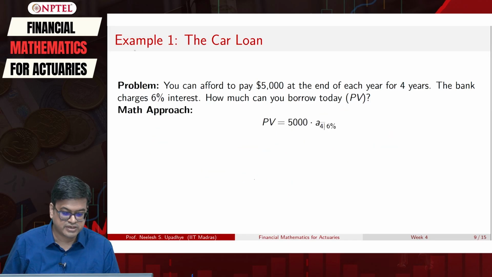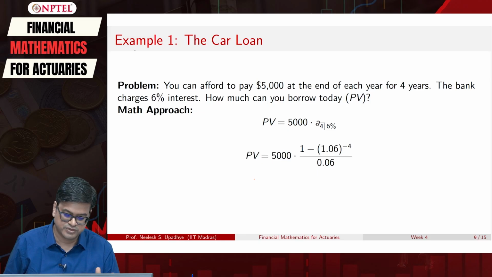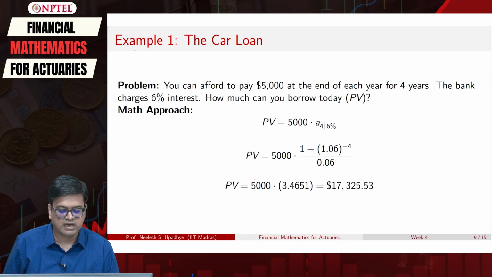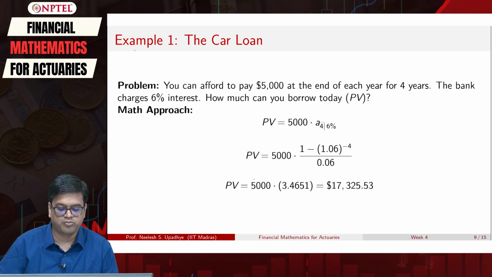So let us do it here. So my present value is 5,000 times a angle 4 at 6%. You simply substitute it, and then you do the algebra using calculator, and you get the answer to be 17,325.53.